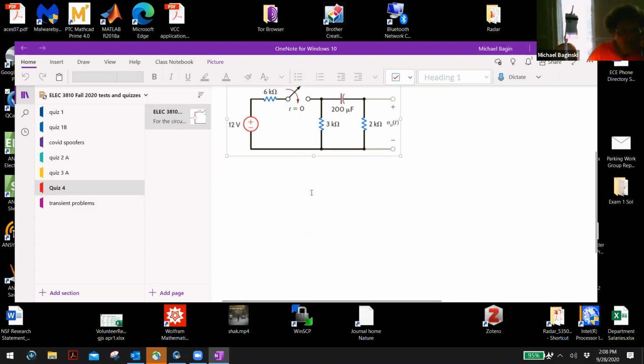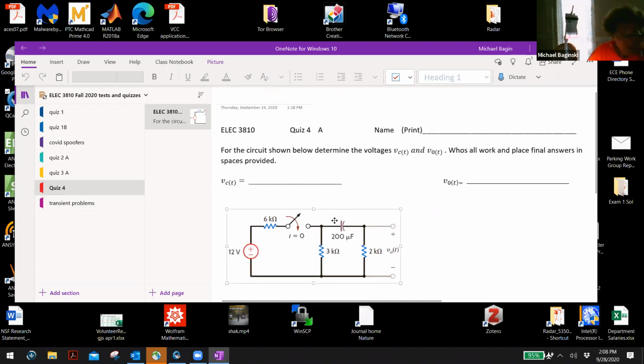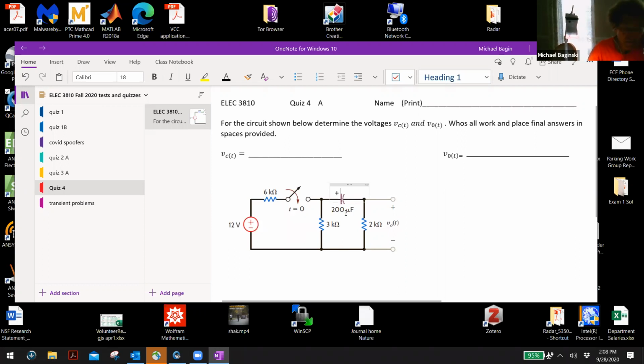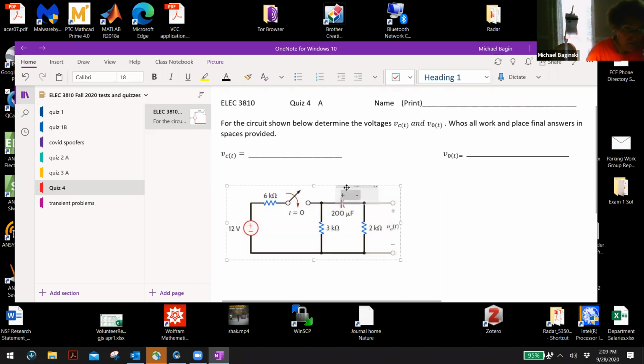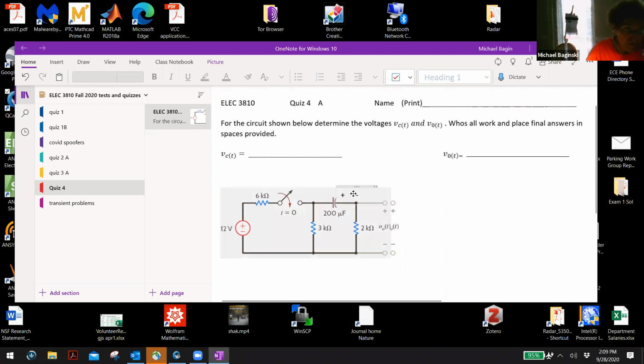All right. For starters, that quiz solution is out there. So for starters, do you see how there's no voltage across this capacitor? I'm going to put a plus there, and I'm going to put a minus here. And then I'm going to say that's VC of T. I'm just trying to make sure you see the polarities.